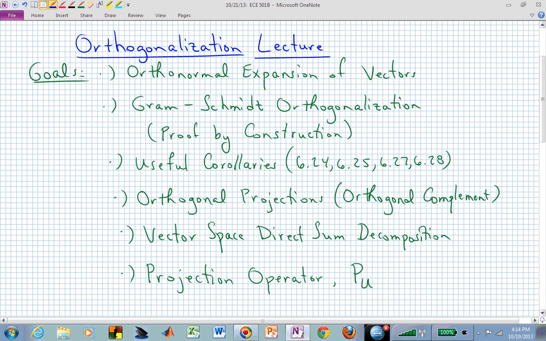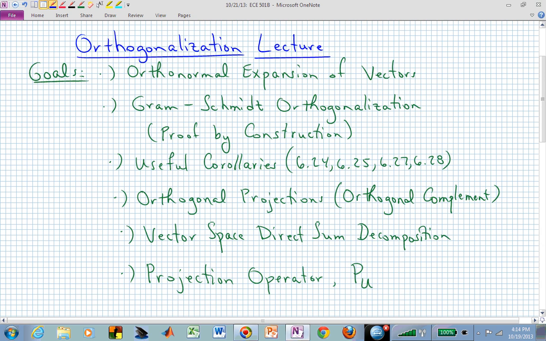We can represent any vector as living in, let's say, this given subspace U and its orthogonal complement, which we will define. And so we can now subdivide any vector in terms of these 2 pieces, one in U and one piece in its orthogonal complement, and we'll call that U perp for U perpendicular.